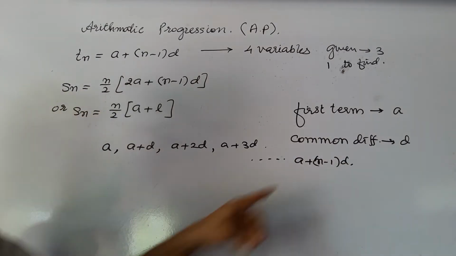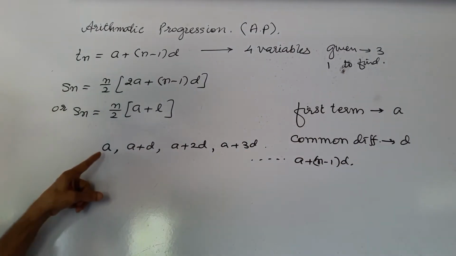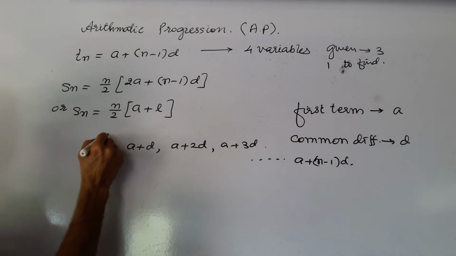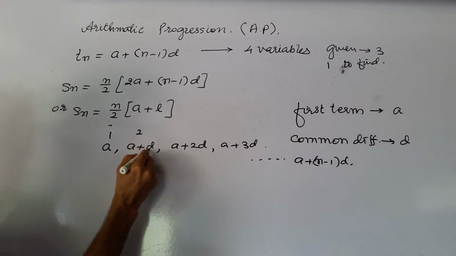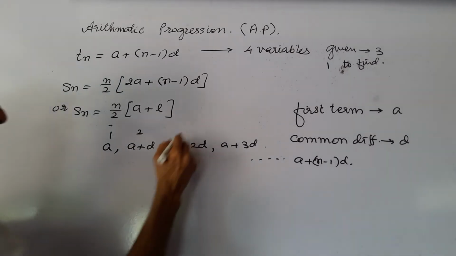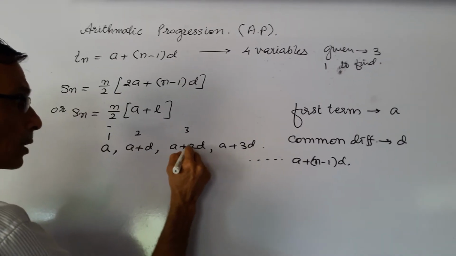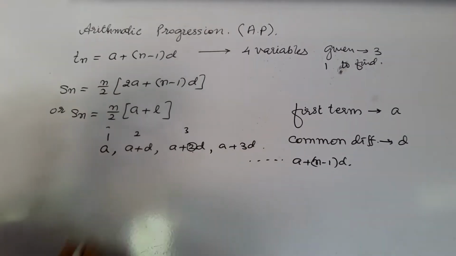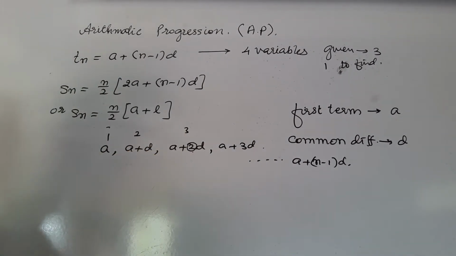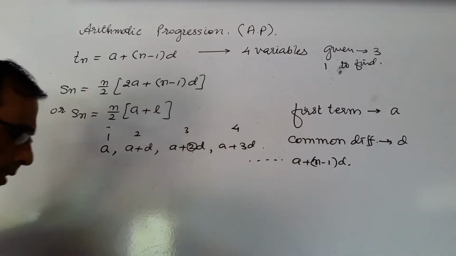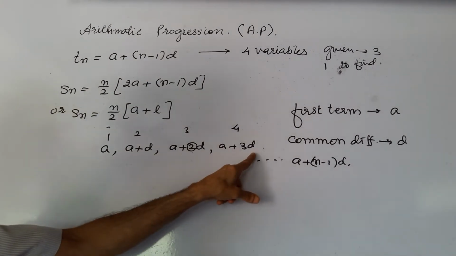Now, why is it N minus 1? You will find here, the first term is A. Second term is A plus D. Third term is A plus 2D. So, this 2 is 1 less than 3. See here. This 2 is 1 less than 3. The fourth term is A plus 3D.